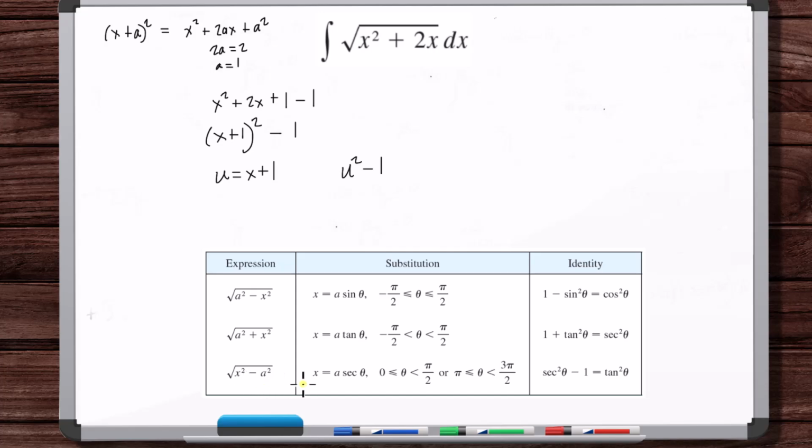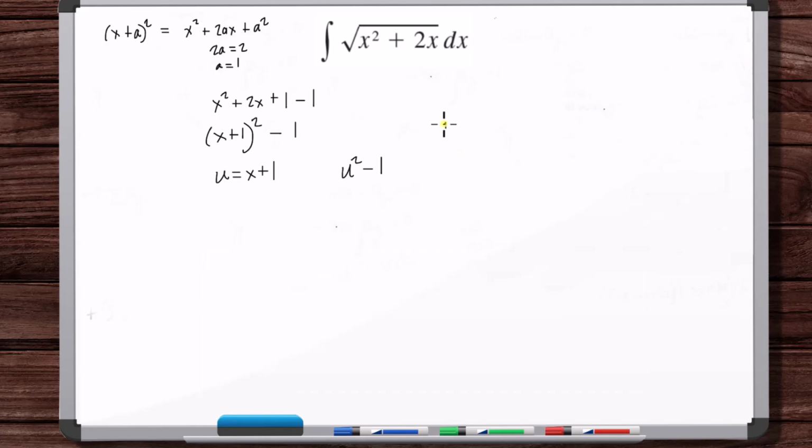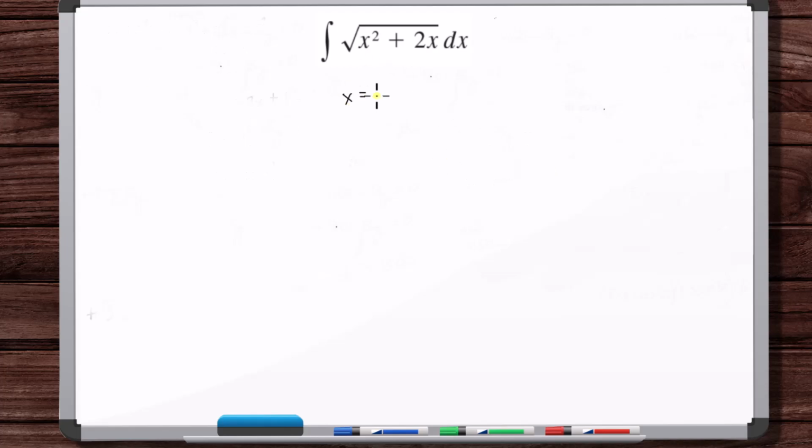So we want to make the substitution that u is equal to secant theta. If u is equal to secant theta and u is equal to x plus 1, then x is equal to secant theta minus 1 is the substitution. dx is equal to secant theta tangent theta d theta.